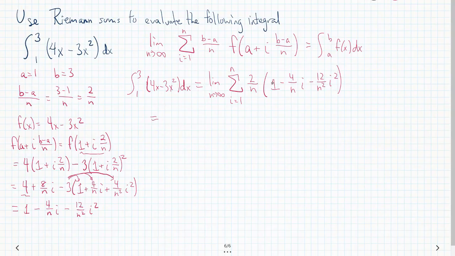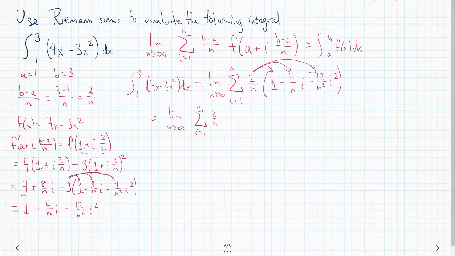Okay, so this thing equals the limit as n goes to infinity. And we can write this as 3 different sums where we've distributed the 2 over n to each term. So the first sum is I equals 1 to n of just 2 over n.